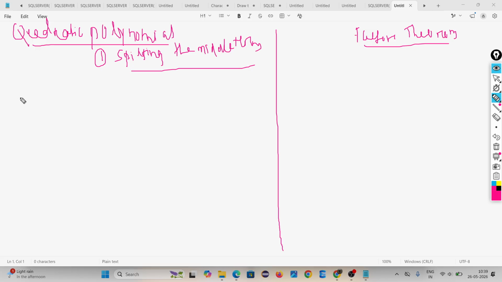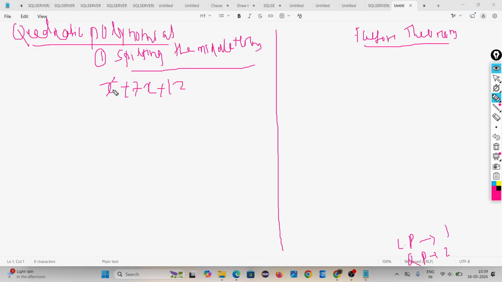Suppose I am writing one example, x square plus 7x plus 12, for a quadratic polynomial. And remember, tell me, a linear polynomial has how many factors? One. A quadratic polynomial? 2.